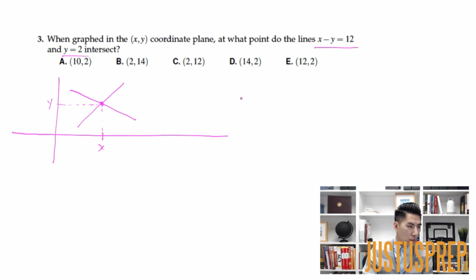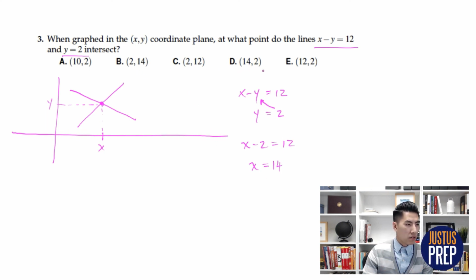We can solve this algebraically simply by substitution. So y equals 2. What we can do is just plug the 2 into that value. So that's x minus 2 equals 12. X equals 14. So x equals 14.